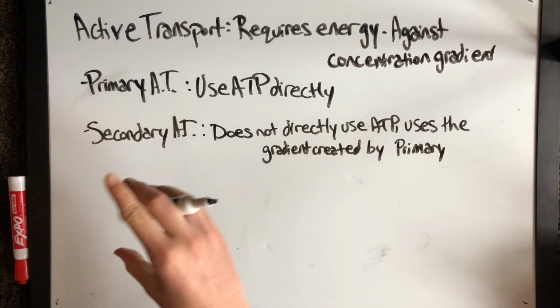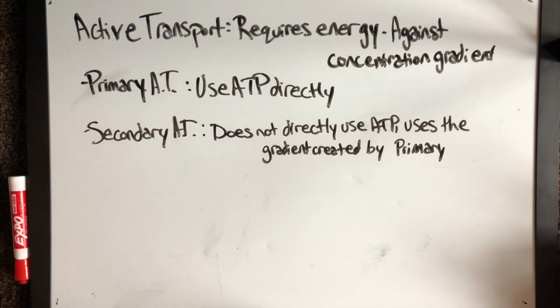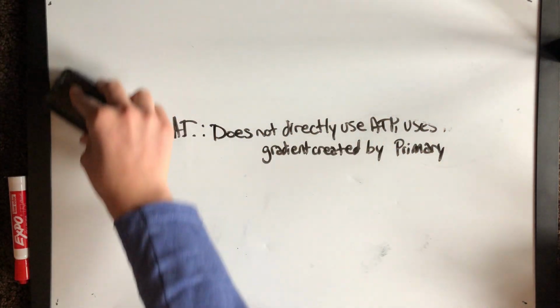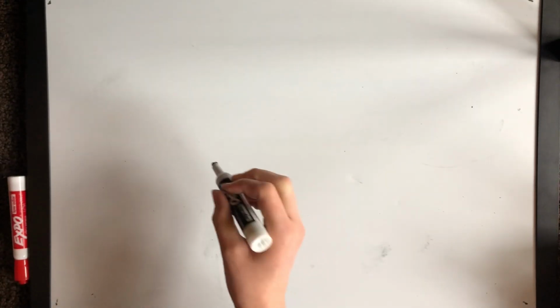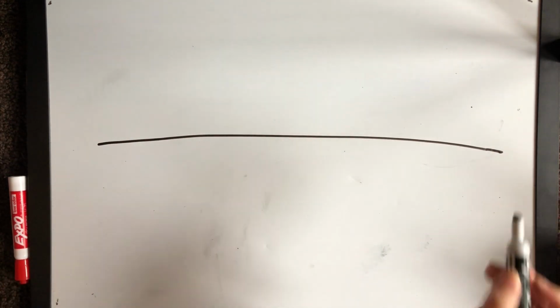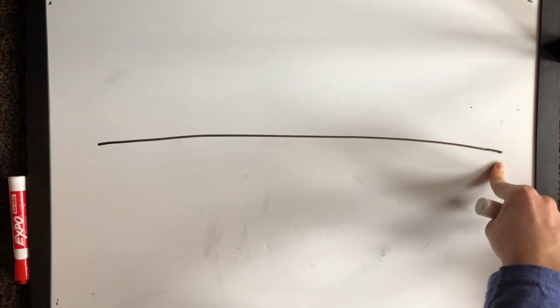I am going to have to erase these because I want more space on the board to draw these out. If you don't have it written down, pause and do that. Here we go. Okay, so we're going to have a little line here. Pretend that this is the membrane of a cell.